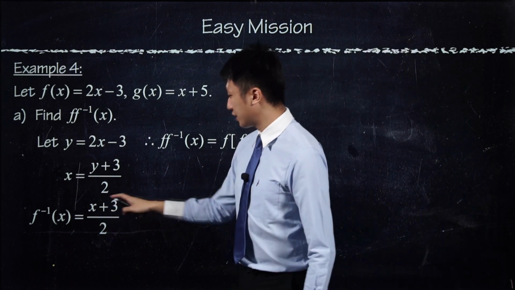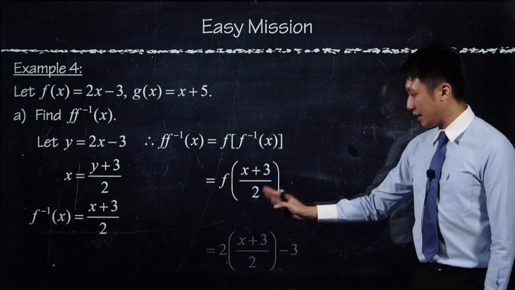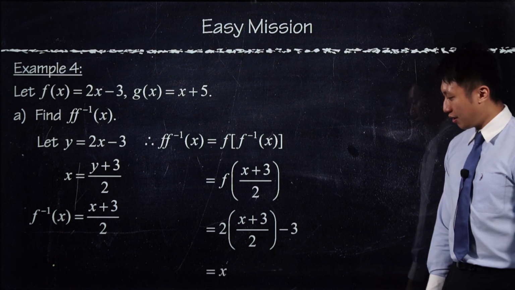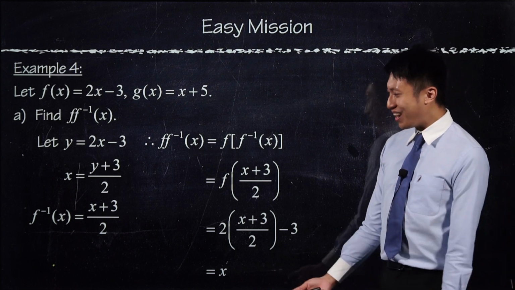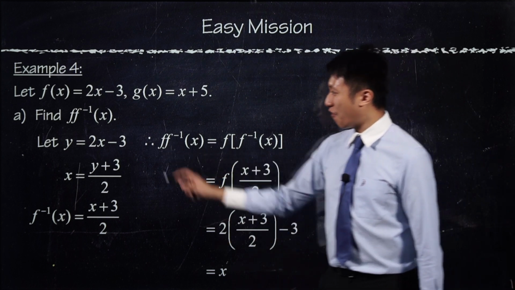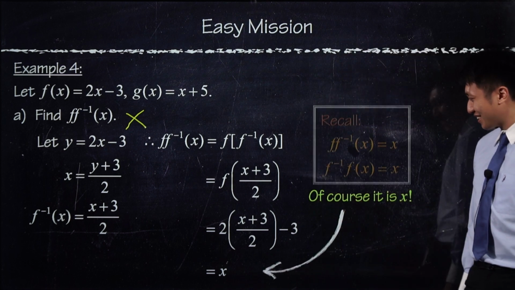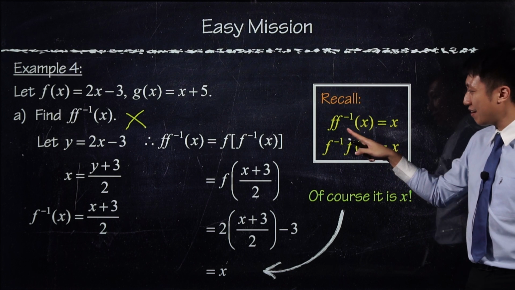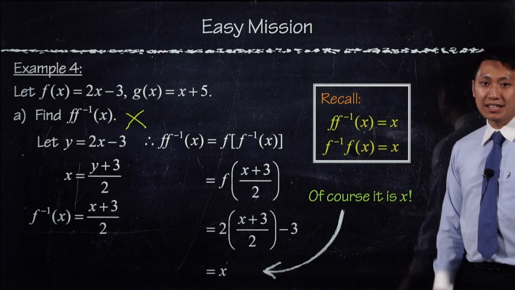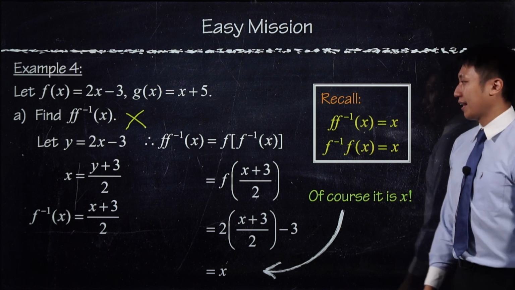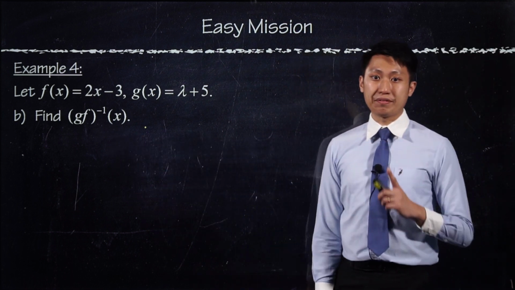Then you get this one, and you get, wait, is it x? Are you surprised? No, you are not. Why? Because with f inverse of f, of course you get x, right? Okay, we have done this before. You recall that f inverse of f of x is equal to x. And that's it, simple.